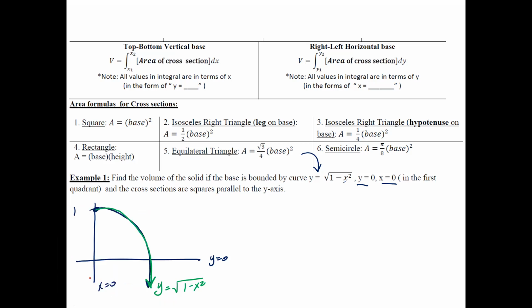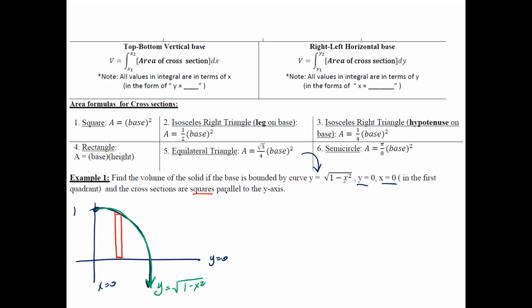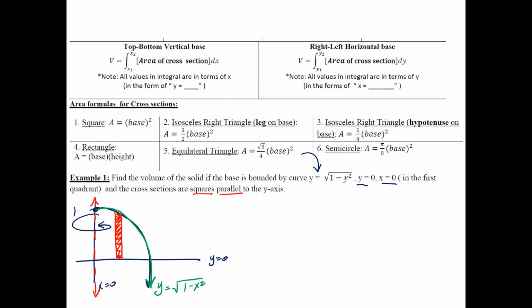So your square here is going to be right here. Because it says it's a square parallel to the y-axis, and given that the y-axis is vertical, going up and down, your square has to be parallel to that. So then that means it is going to be rotating around like this. If you can imagine, you have a pane of rectangular glass, right here, rotating about here.